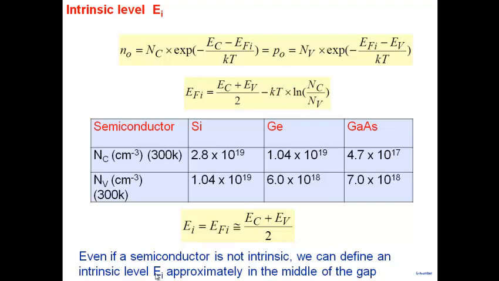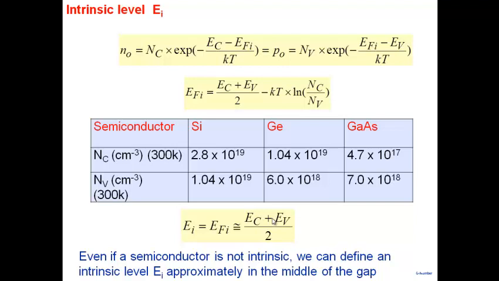What does that mean? Intrinsic level is the energy which is in the middle of the gap, (Ec plus Ev) by 2. That's it. What we are saying is that energy happens to be the Fermi energy when my semiconductor is intrinsic. Even if my semiconductor is not intrinsic, I have an energy level which is in the middle of the gap all the time, right? So don't worry about it.